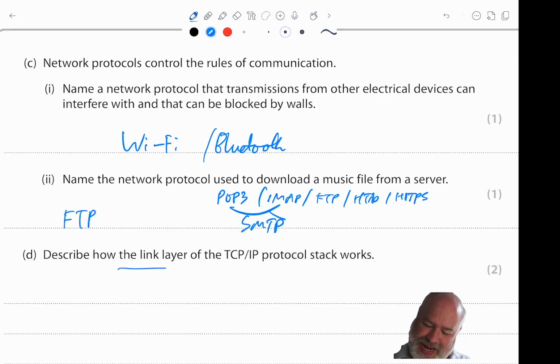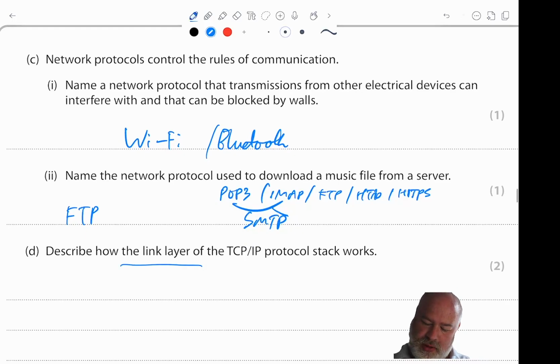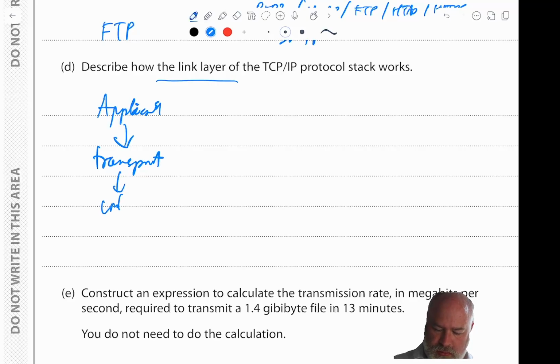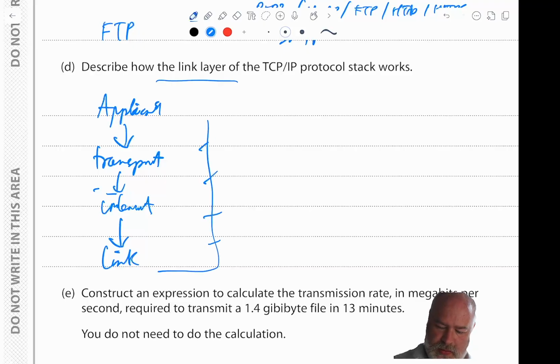Describe how the link layer of the TCP/IP model works. So the link layer is the last layer, and you've got the application, just for context, transport, internet, and then the link layer. Okay, and then it all goes back to the start again.